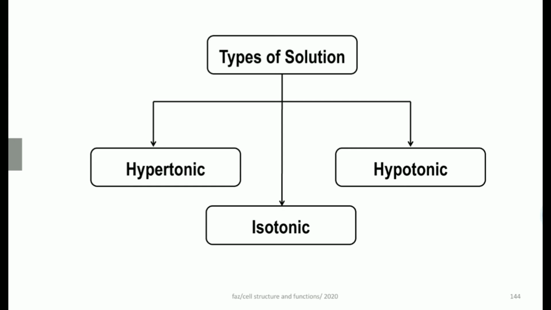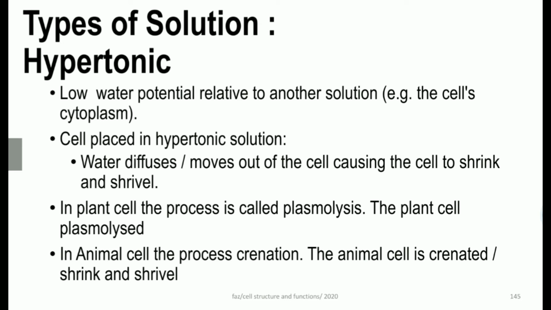So this is the second concept which I mentioned earlier. The three types of solution are hypertonic, isotonic, and hypotonic. So what is a hypertonic solution? A hypertonic solution has low water potential relative to another solution, for example the cell's cytoplasm.